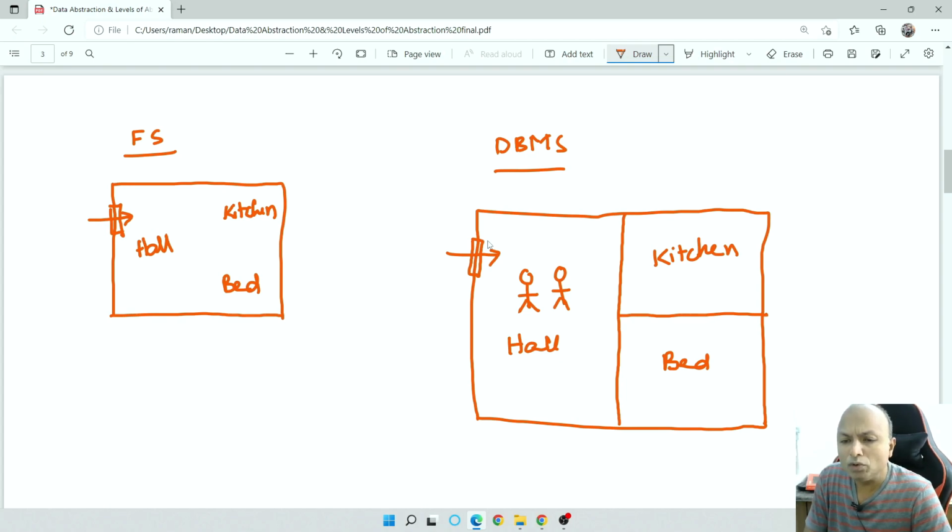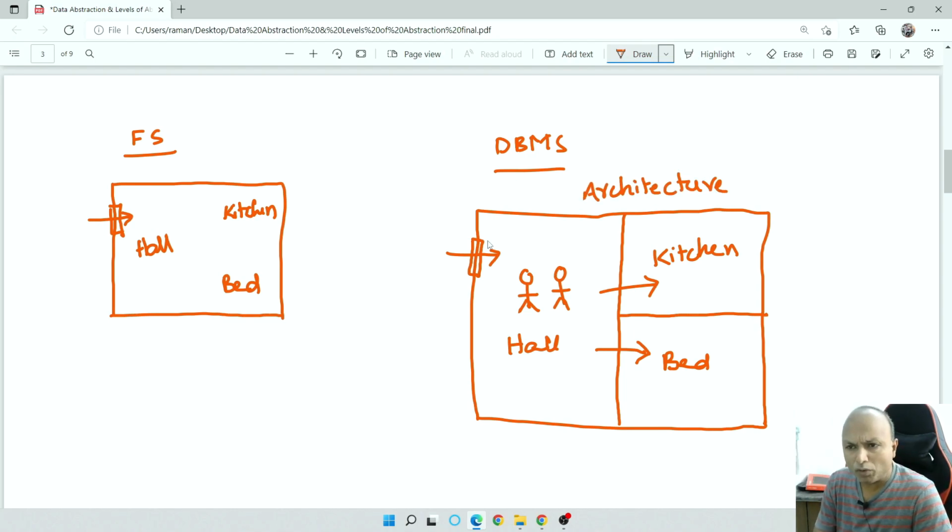The people who are discussing in the hall are unaware of what is happening in the kitchen and in the bed. So this is the abstraction nowadays people are interested in. This architecture we are using now. The architecture we are using in the case of database management system provides abstraction of the hall from the kitchen and bed.